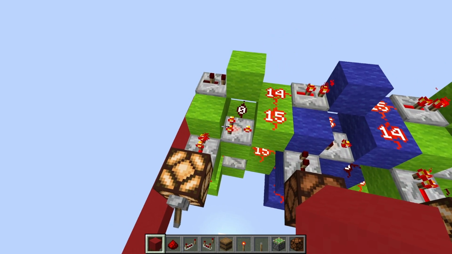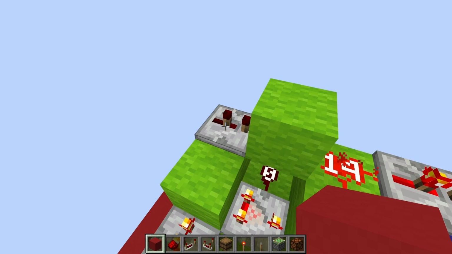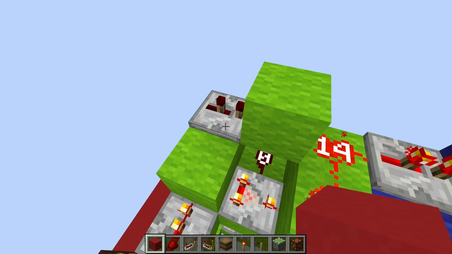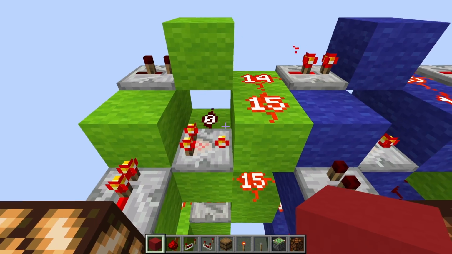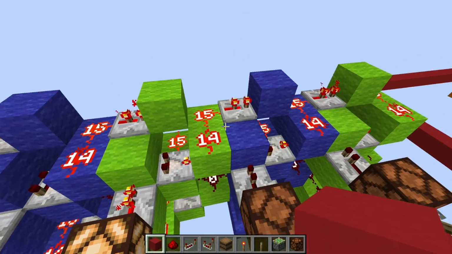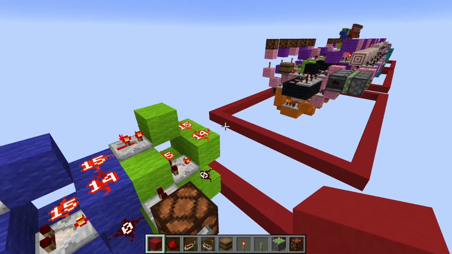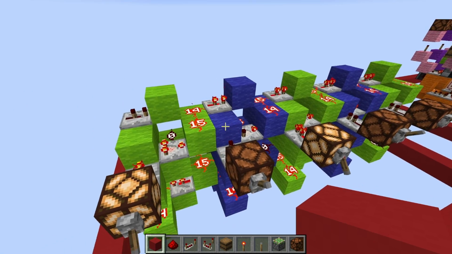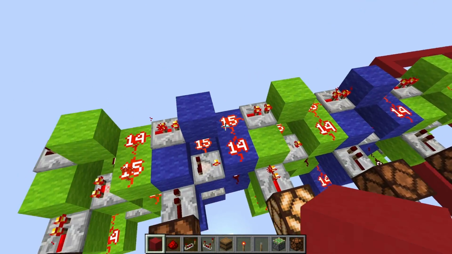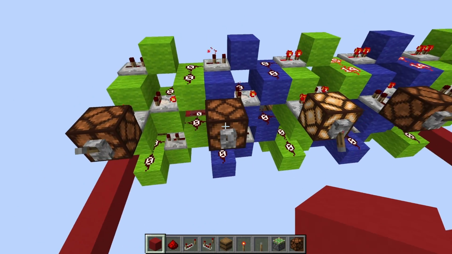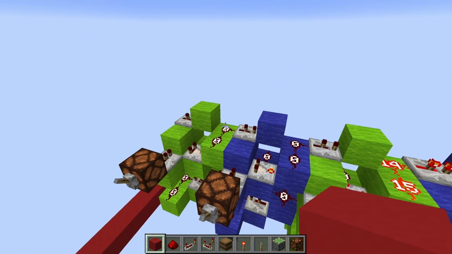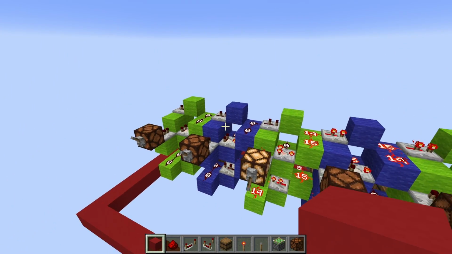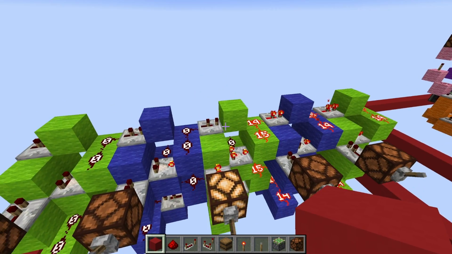If it's the furthest back, then this repeater doesn't have any signal from behind it, right? Which means this piece of redstone actually stays off, and then it turns on every other piece of redstone that is in this line going forward. Now, because this is a repeater line, it's directional. So wherever you can see this gets inserted into, nothing behind it gets lit up. I hope that made sense.